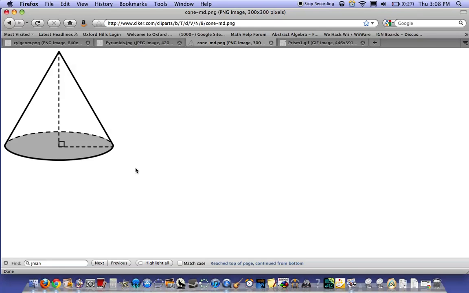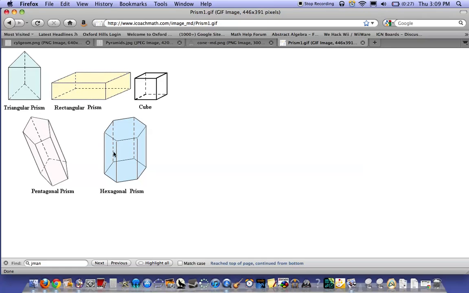So as we go up the cone, the whole circle is slowly shrinking until it reaches the apex, or the top of the cone, where it becomes a singular point. And so the lateral area of a cone is rounded, whereas for the prism, the lateral area was made of a bunch of rectangular surfaces.